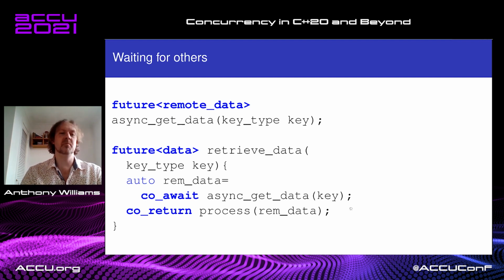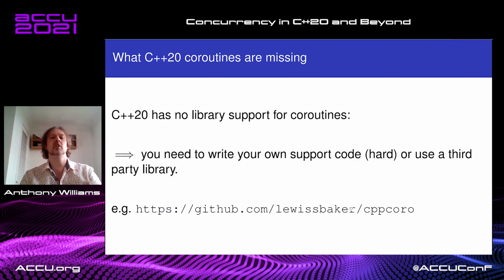But that requires more than we get from C++20, because C++20 provides the mechanics but doesn't provide the library facilities. We have no library support for coroutines, which means you need to either write your own support code, which in the concurrent scheduling case is hard, or use a third-party library. So you might like to look at Lewis Baker's cppcoro library that provides lots of things like tasks and mutexes and stuff that work with coroutines.